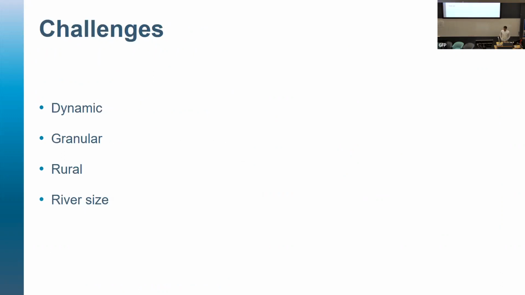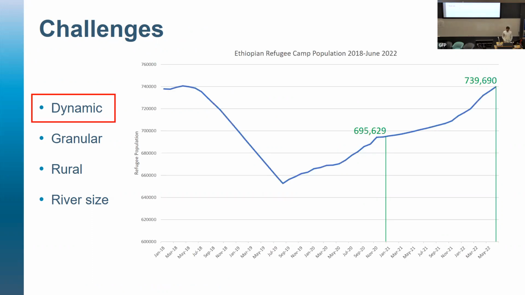I'll start by highlighting a few key challenges with using global flood risk data in this context. Firstly, these camps and their populations are incredibly dynamic. This graph shows how camp populations have changed since the beginning of 2018. These two green lines represent the camp populations in Ethiopia when Faye first started looking at this work for her master's thesis, and what the camp populations are now.